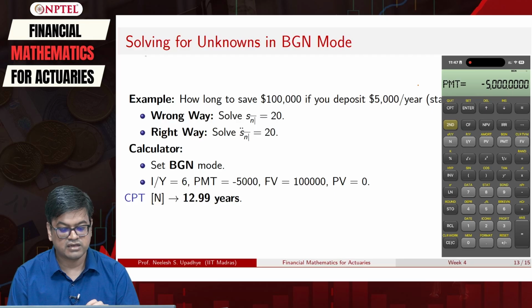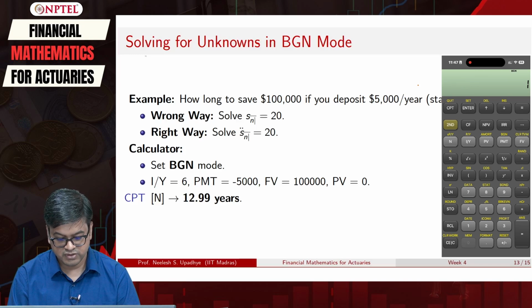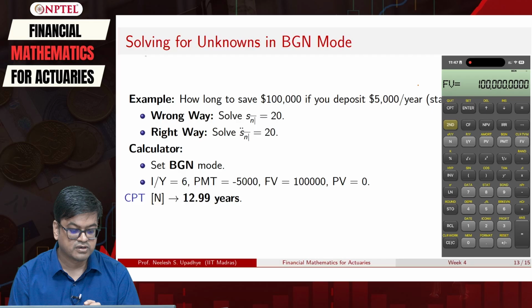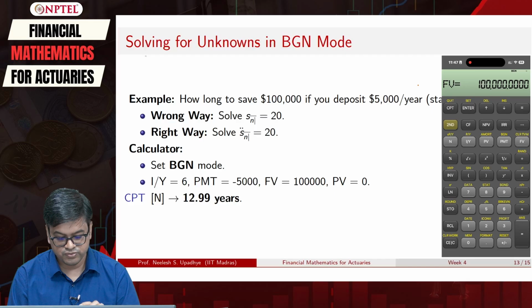Then I know my future value is 100,000, so I will enter that value and put it as my future value. I have done everything except the present value, which is 0, so I will set 0 as my present value.